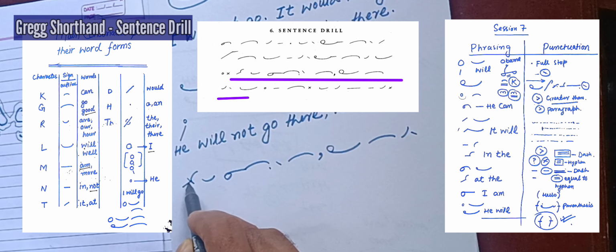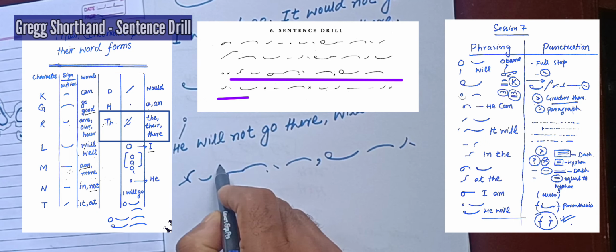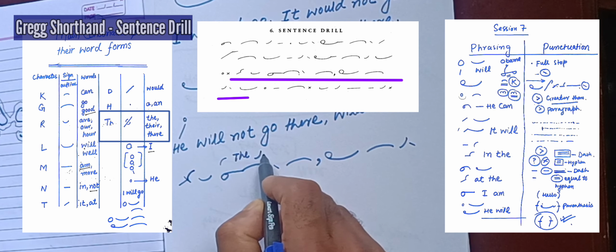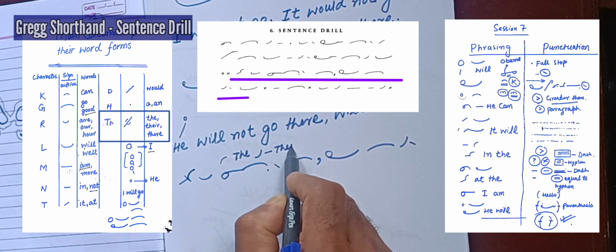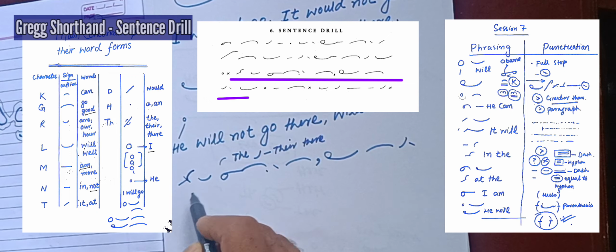Okay, now we'll see what follows. What follows this particular word. Then we have, this is D. If you remember, I told you this is D. If you write it from here, this is D. And if you write it from TH from here, this can either mean there or they, right? So this one is they.